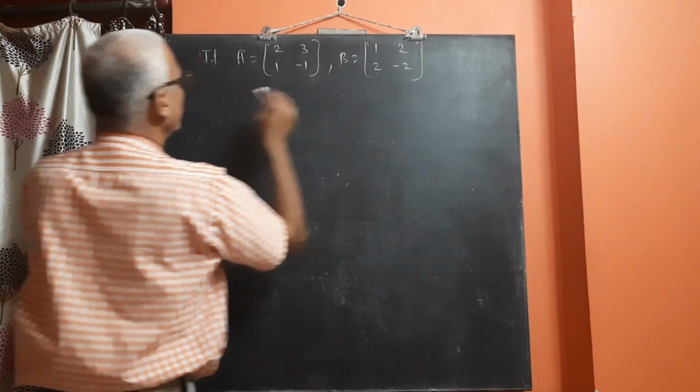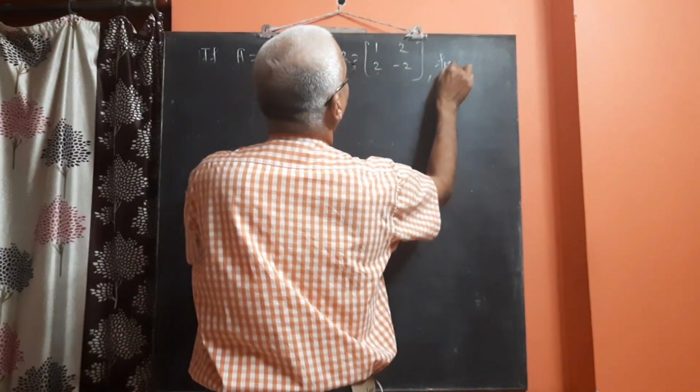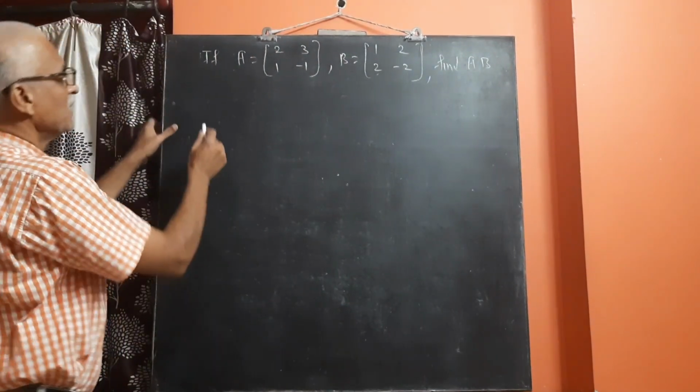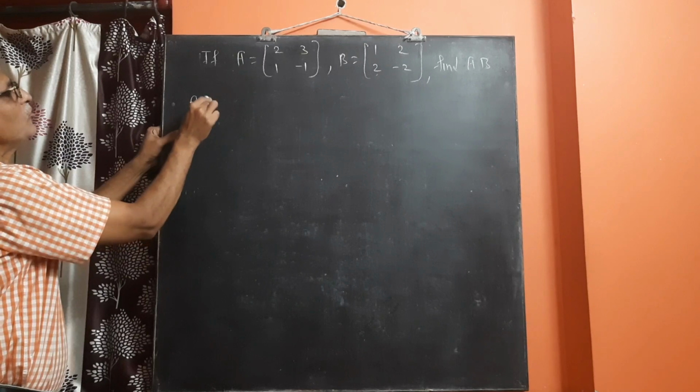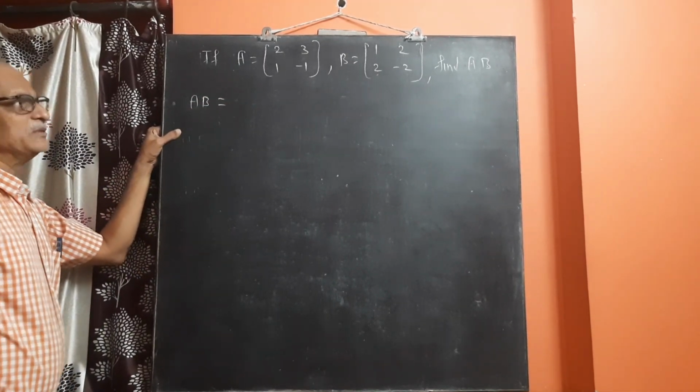Find A into B. First you have to check whether A into B is possible.